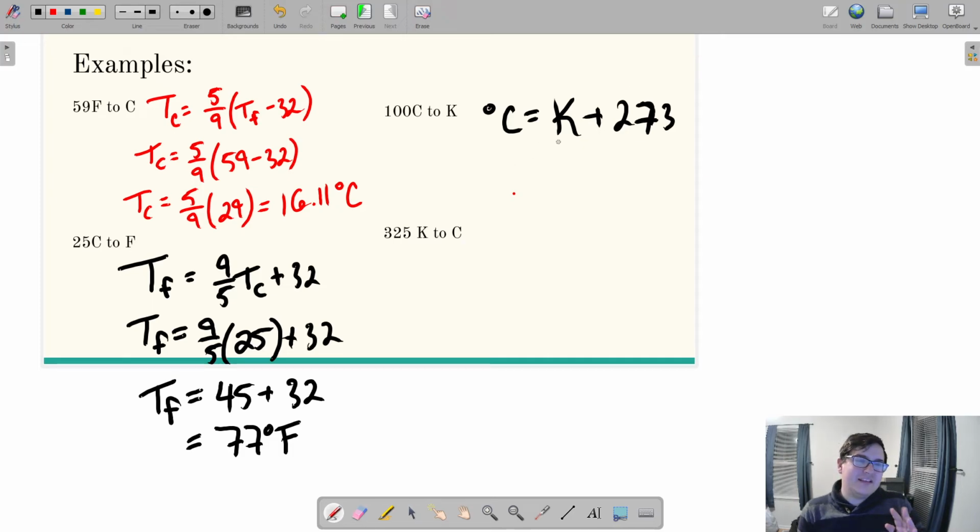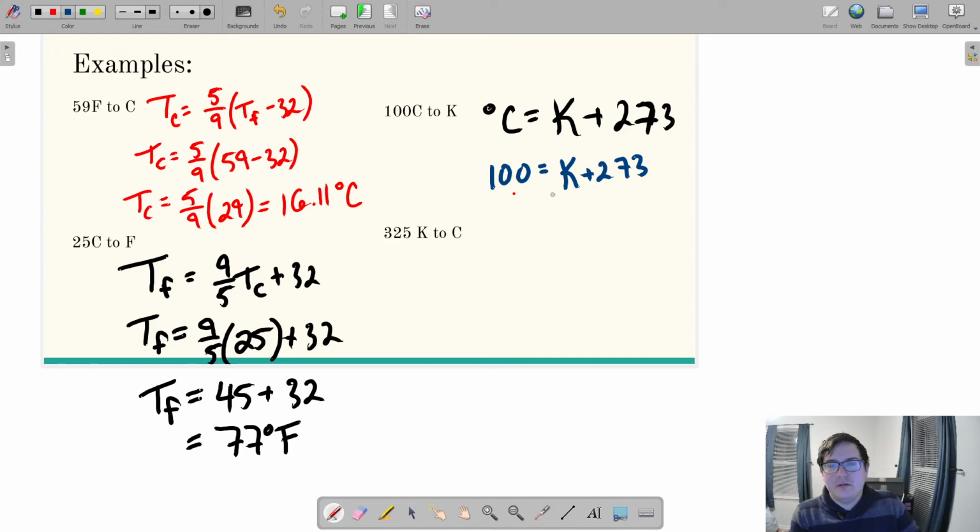Notice that I've written this as degrees Celsius and not degrees Kelvin. So when you're talking in terms of Kelvin, you just say Kelvin. When you're talking in Celsius, you say degrees Celsius. Not quite sure why that is. I'm sure we could look it up, but we're moving on. So I got 100 equals K plus 273.